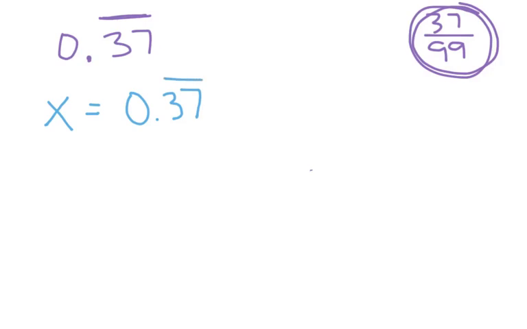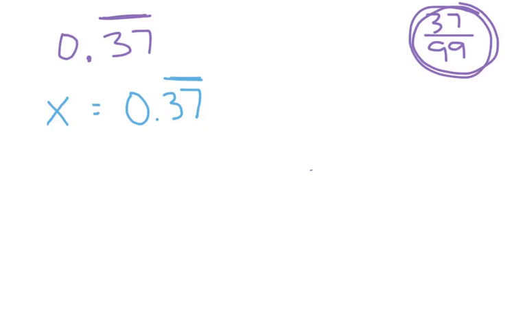And so we give this unknown value x, and we say that it equals 0.37 repeated, because there's no way that we can actually write that number. You agree? We can't write that number out, so we're just going to give it a value of x right now, okay? So hang with me, and you must put this down as x actually equals it, because we cannot write the number 0.37 repeated. We can't actually write it, okay?